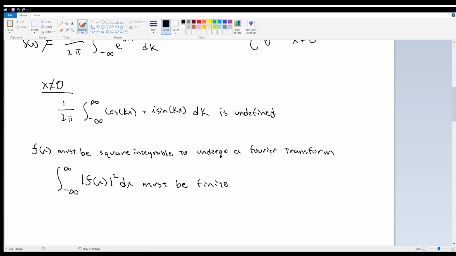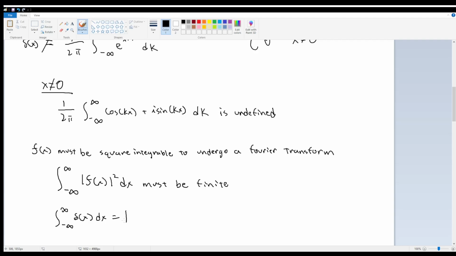The integral of Dirac delta of x dx is indeed finite. This is equal to 1. However, it doesn't really make sense to take the square or the magnitude squared of something like a Dirac delta.